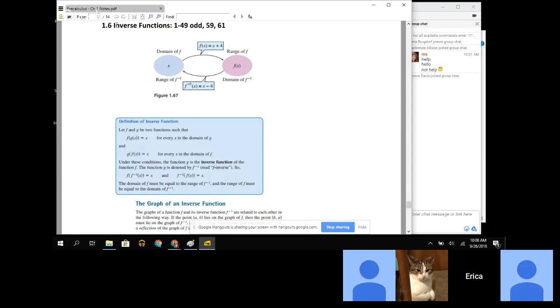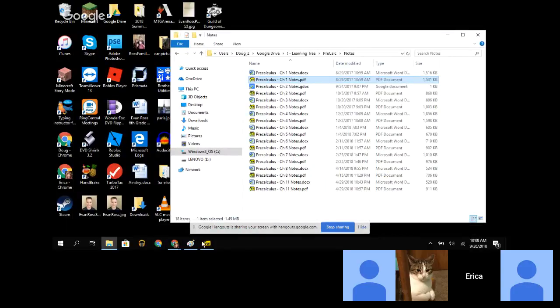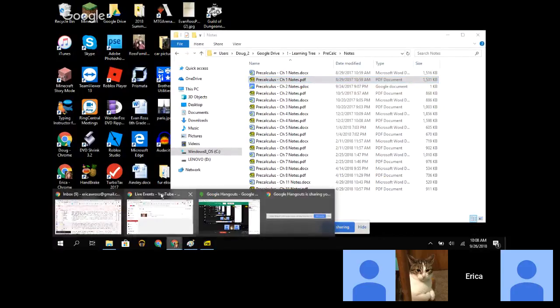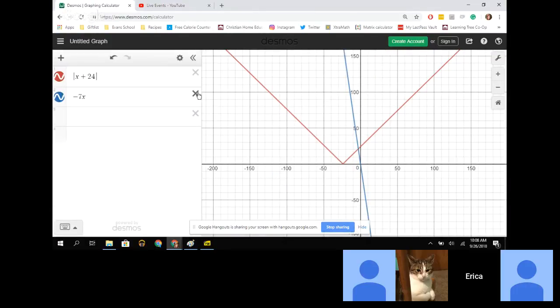All right, so let me take a look at this another way. So we have f of x equals x plus 4, and the inverse of f of x is x minus 4. I totally can talk today. So let's look at this a different way because it's a little bit weird to think of, but let's pull up Desmos, right?